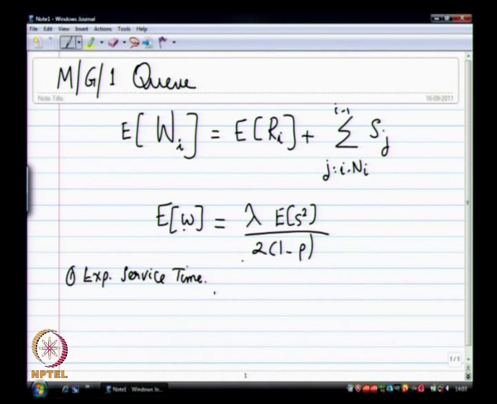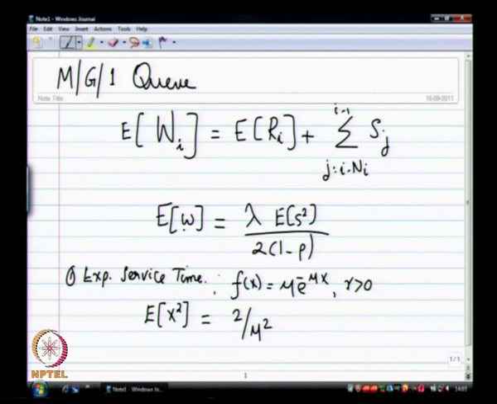In the case of the exponential variable, our parameter is mu. This follows f of x equals mu e power minus mu x, for x greater than 0. So mu is the parameter, 1 over mu is the mean. In this case what is the second moment? Two by mu squared, we derived this. So you plug it in, and E of x squared, E of S squared, is the same thing.